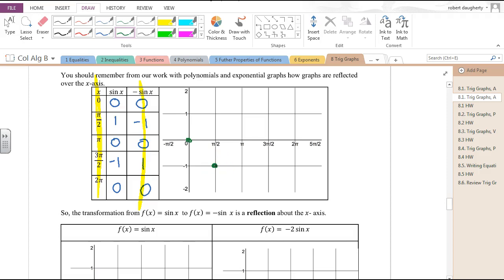Pi what? Pi, 0, 3/2 pi, 1 and 2 pi, 0. So if I were to graph this function, it looks like this. Now, how does that differ from the sine function? What's different about it?